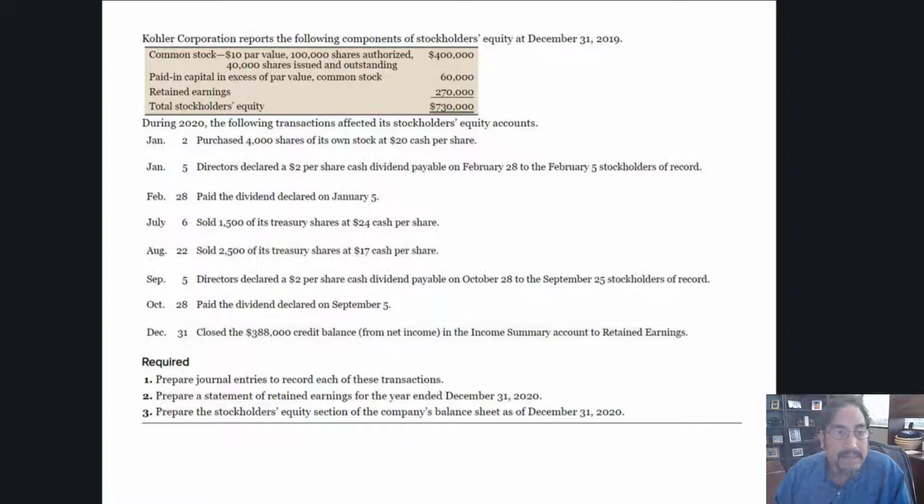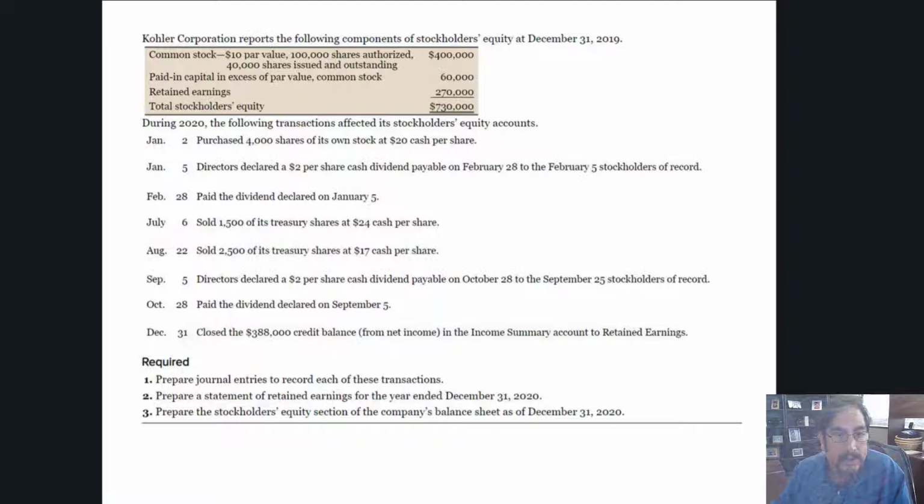We bought back some shares, declared a cash dividend, paid the dividend, sold some shares, sold some more shares of treasury, declared a dividend, paid the dividend, and then closed out income summary to retained earnings.